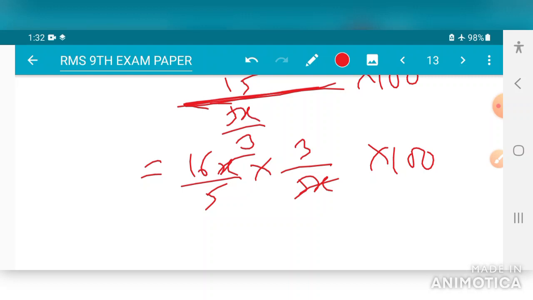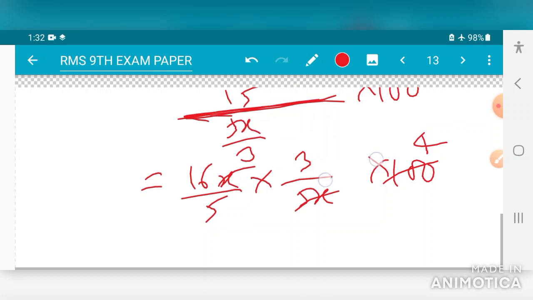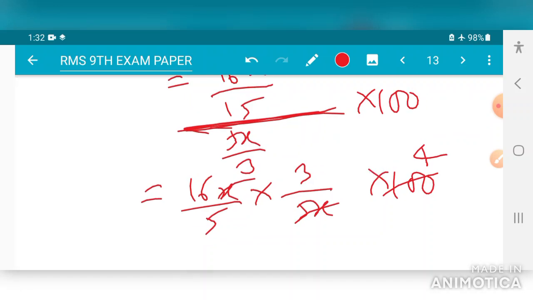Here is 15, just a small mistake. The x gets cancelled. 3 times 5 is the 15, and this is the 100.